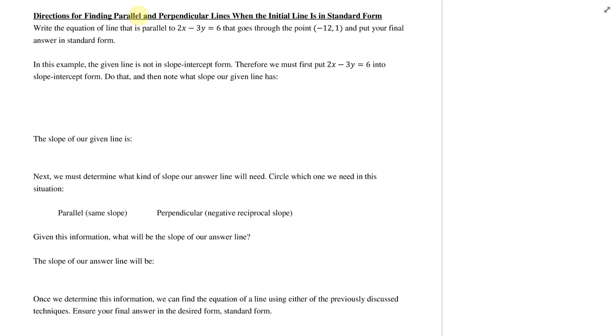This exercise says, write the equation of a line that is parallel to this one, goes through this point, and your final answer needs to be in standard form. So these are a couple of key things that we have to keep in mind.